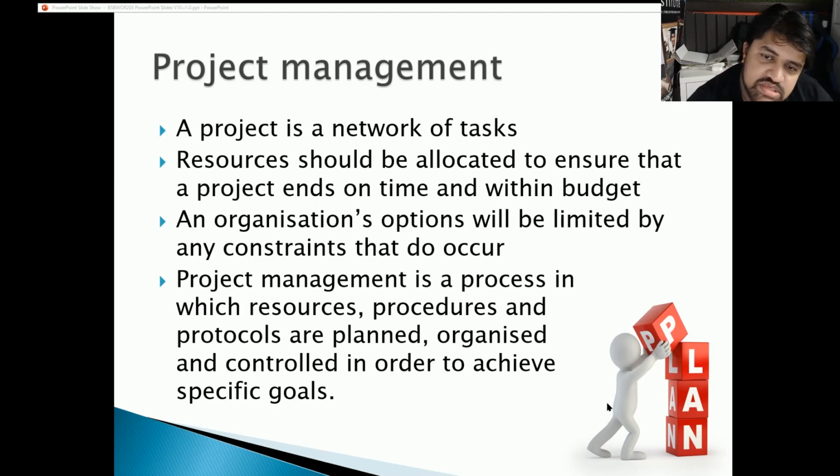So resources should be allocated to ensure that a project ends on time and within the budget. An organization's options will be limited by the constraints that do occur. So project management is a process in which resources, procedures, and protocols are planned, organized, and controlled in order to achieve specific goals.